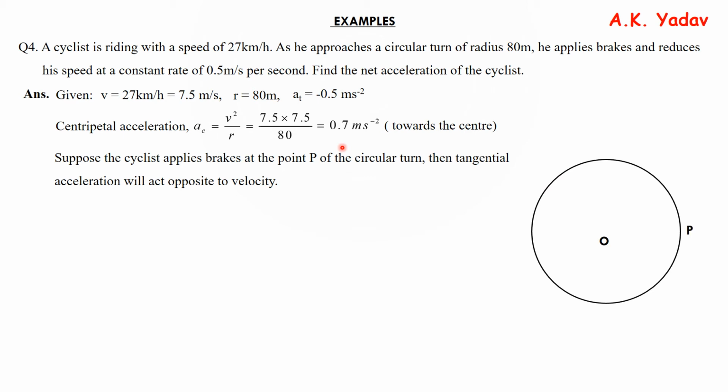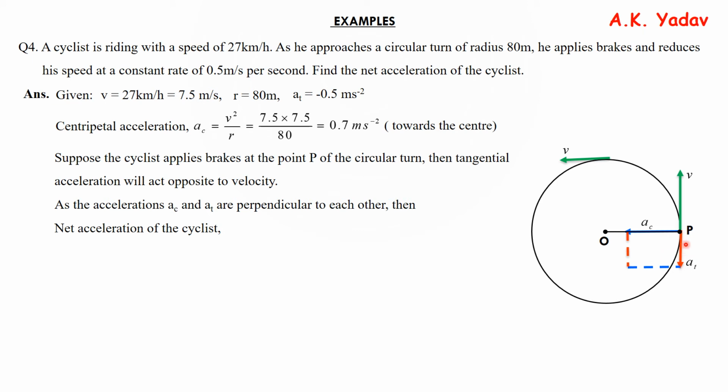Now suppose the cyclist applies brake at point P, as you can see, then the tangential acceleration will act opposite to the velocity. So this is your centripetal acceleration, this is the velocity, and when he applies the brake, his tangential acceleration will act opposite to velocity. Now as we can see that they are perpendicular to each other, so the resultant is A, that is the net acceleration, which is equal to under root of AC square plus AT square.